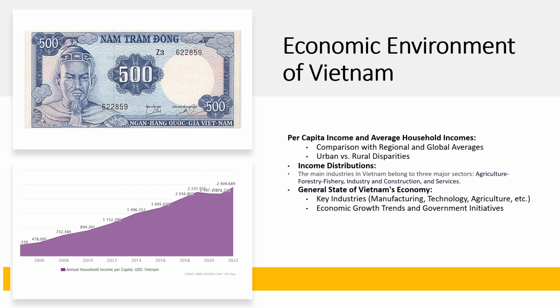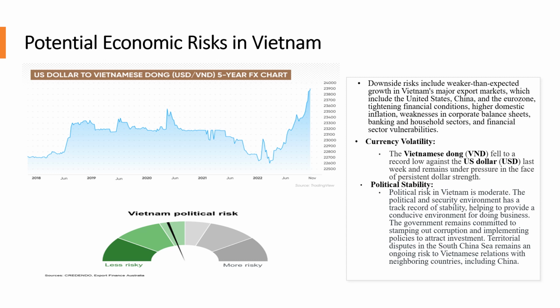Among economic growth trends and government initiatives, the downside risks include weaker than expected growth in Vietnam's major export partners, which include the United States, China, and the Eurozone, tightening the financial conditions of the country.